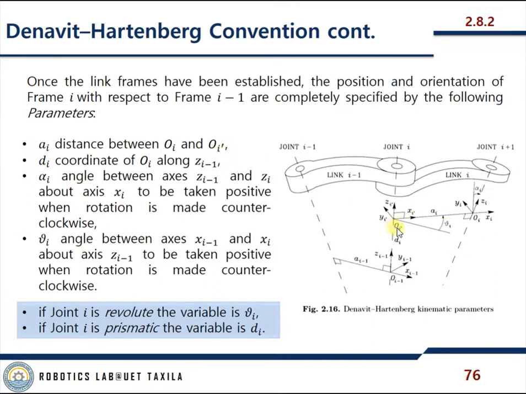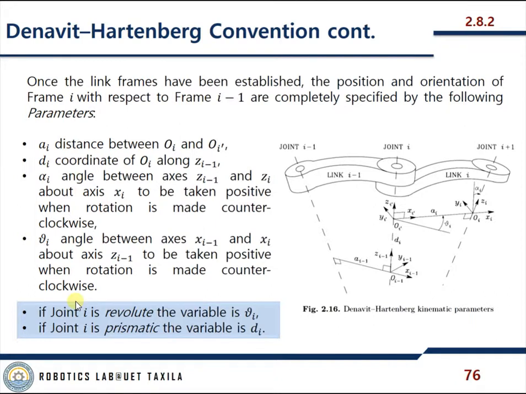You can see that this is Oi dash and this is Oi, and the distance between these two origins is Ai. Di is the coordinate of Oi dash along Zi minus 1. So this is Oi dash, and this is Di.